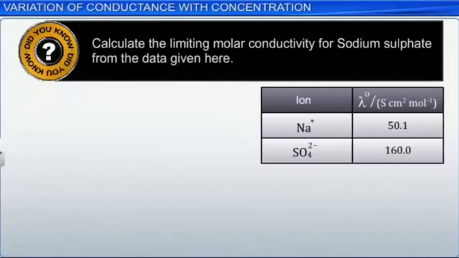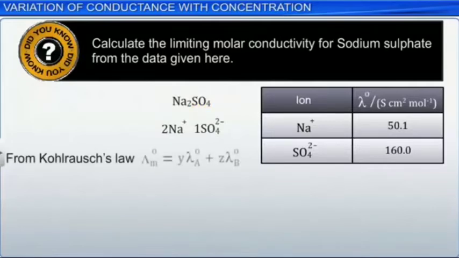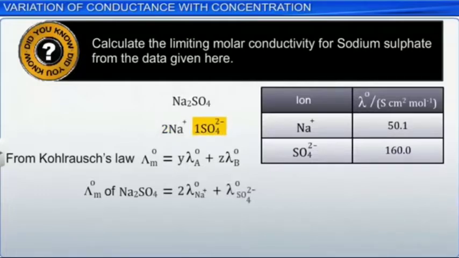From Kohl-Rosch's law, the limiting molar conductivity is equal to 2 times the limiting molar conductivity of sodium ions plus the limiting molar conductivity of the sulfate ions. Substituting the values from the table, we get the limiting molar conductivity of sodium sulfate as 260.2 Siemens centimeter square per mole.